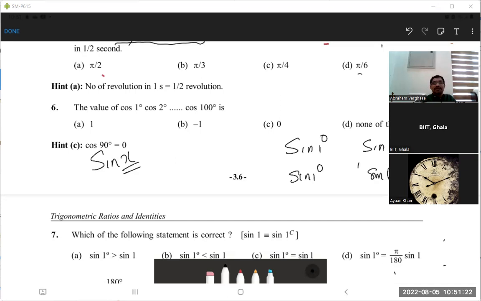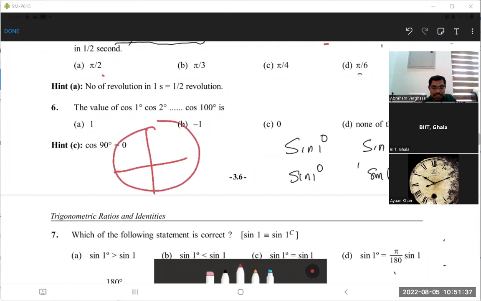Sine 60 will be greater. Okay, fine. That means you remember two important points we discussed day before yesterday, I think. Remember the difference between sine and cos. I told you this is very important. Sine 0 will be 0 and sine 90 will be 1. In first quadrant, sine increases from 0 to 1.